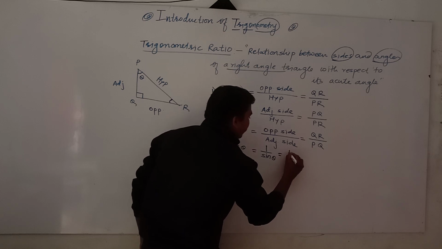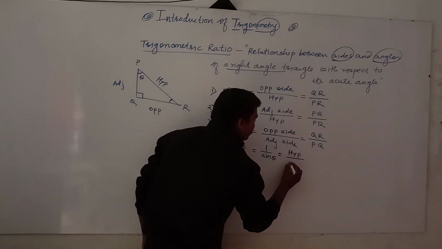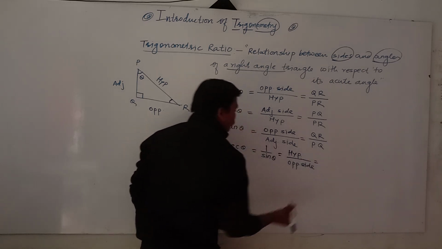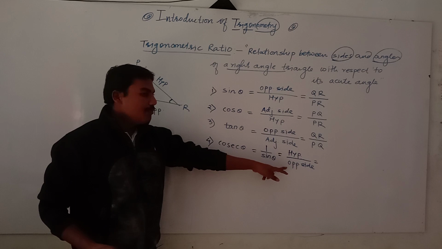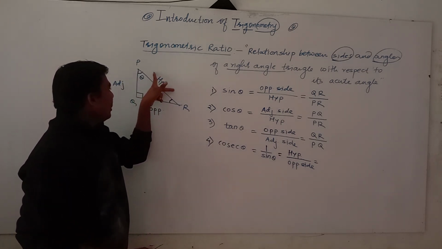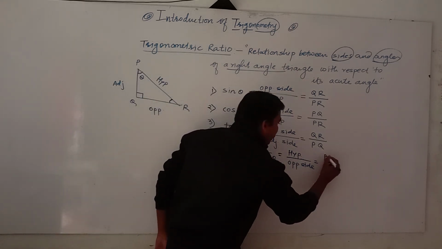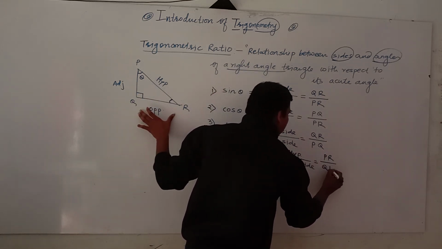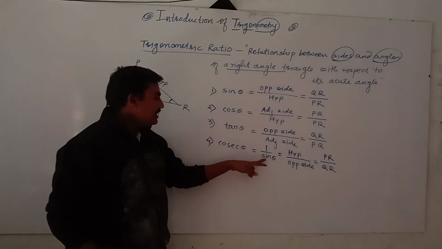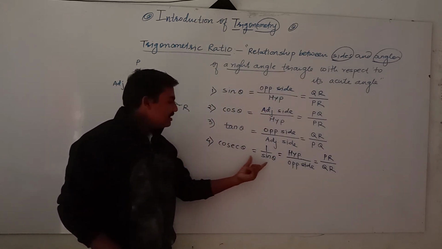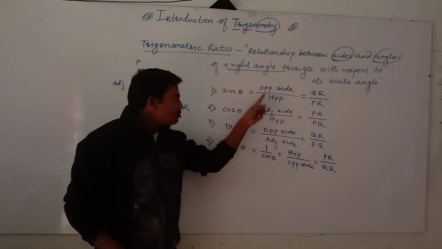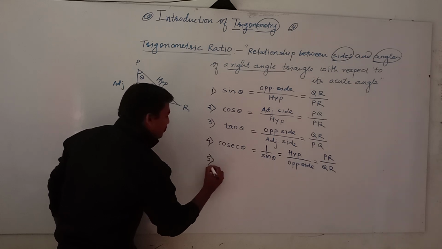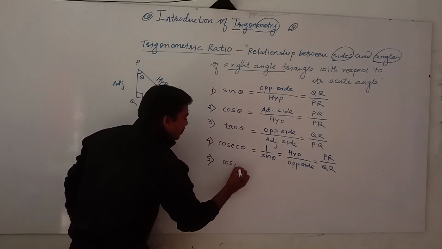So cosec theta is hypotenuse upon opposite side, where the hypotenuse is PR and the opposite side is QR. From sin theta I have calculated cosec theta, which is directly its reciprocal.